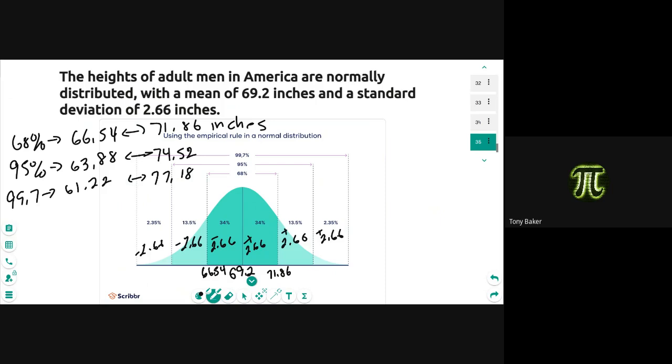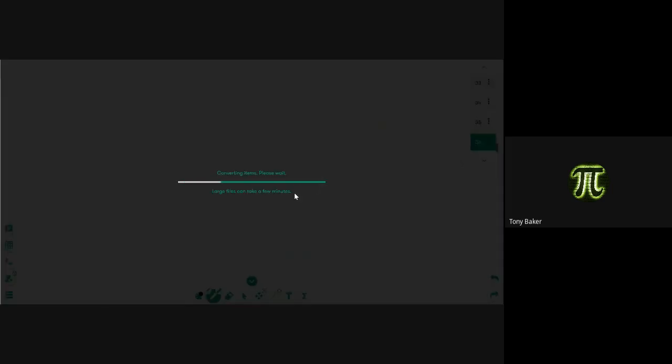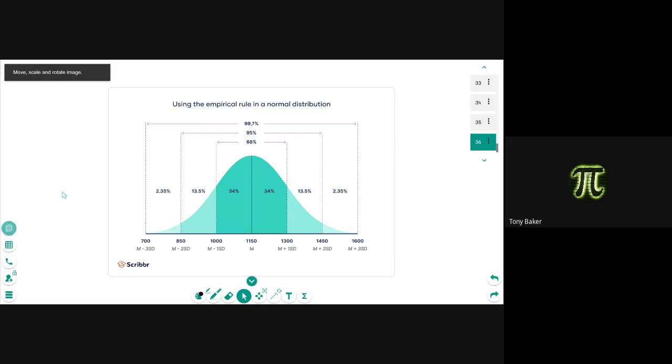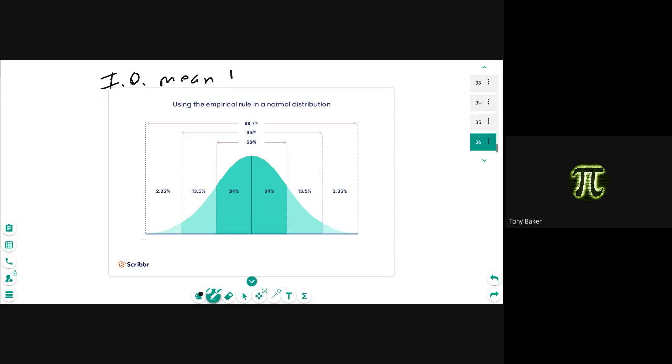So the most common use for the bell curve is in IQ. So IQ scores, and the bell curve back. For IQ, the mean is 100.